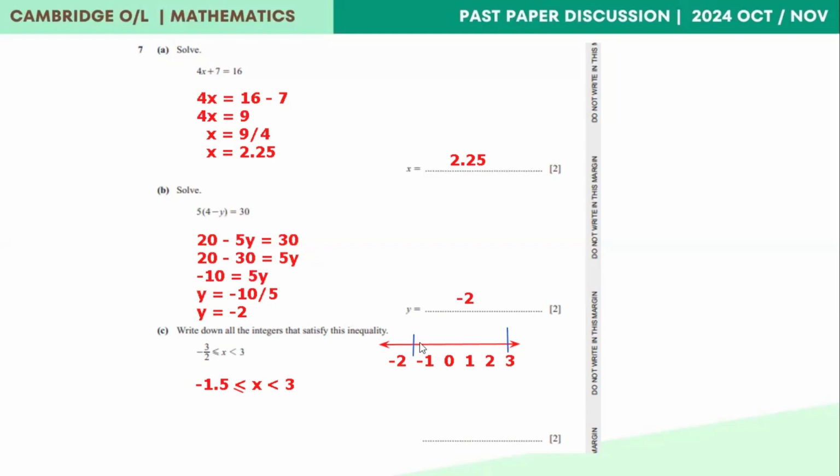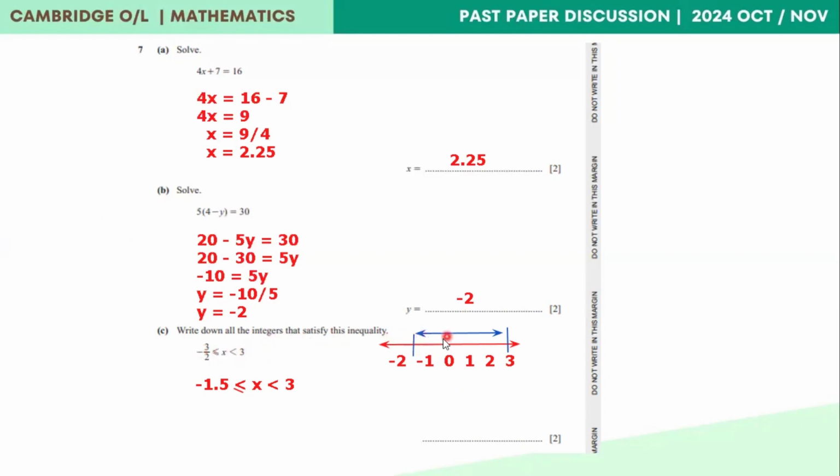So the integers between this would be -1, 0, 1, 2, 1 and 2 only. 3 won't come because they told less than 3, not less than or equal. So I think you understand that it should be greater or equal -1.5.